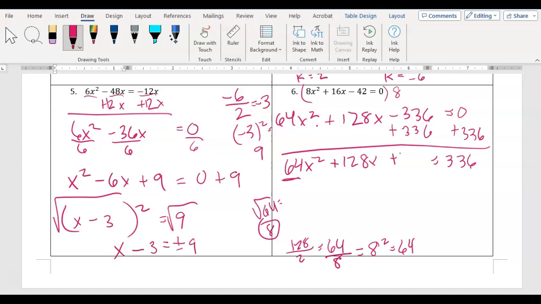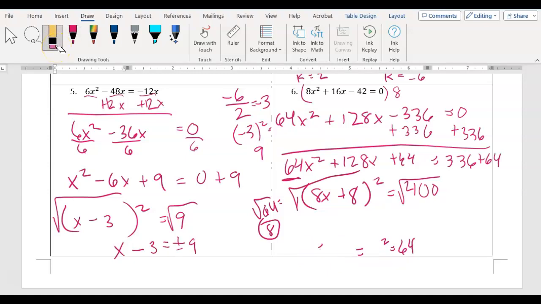So here I'm going to add 64 to both sides. And so now I have a perfect square here of 8x plus 8 squared equals 336 plus 64 is 400, which is a perfect square. And now I can take the square root of both sides. So you can proceed from there. The square root of 400 is 20.